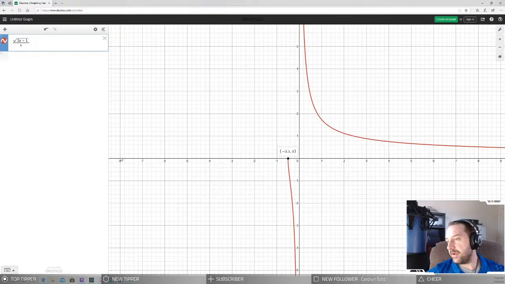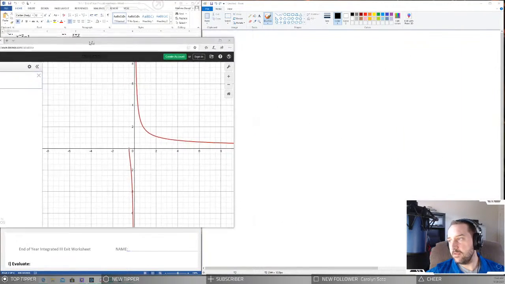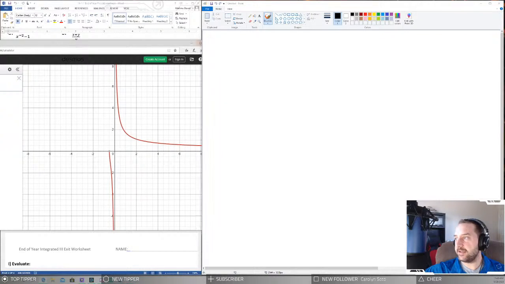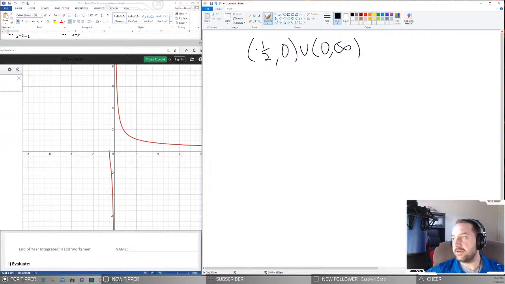There's no graph here all the way from -infinity, but once I hit -1/2, I have a graph from -1/2 to 0. There's nothing at 0, and then it starts again from 0 to infinity. So I could write that out as from -1/2 to 0 union from 0 to infinity.